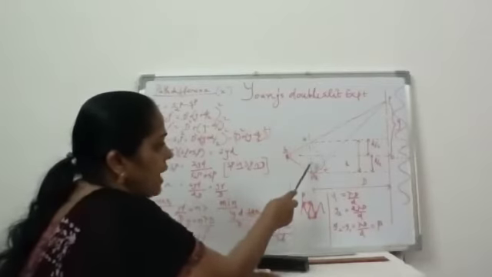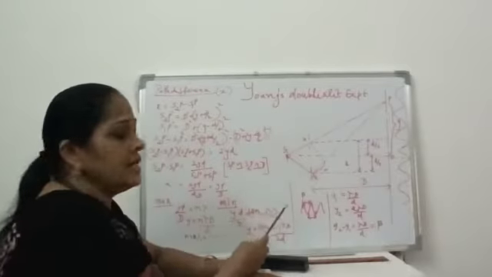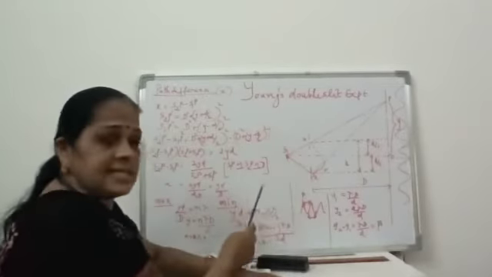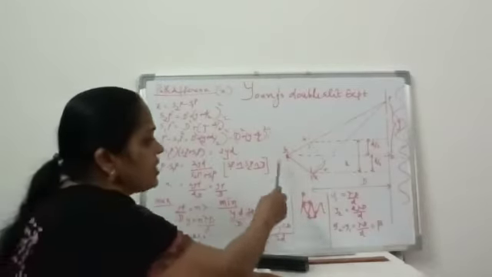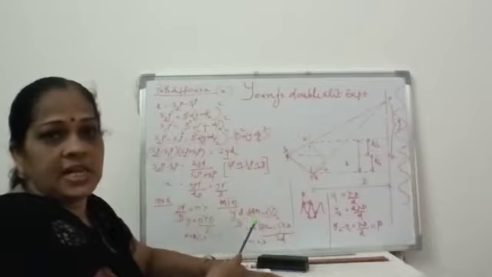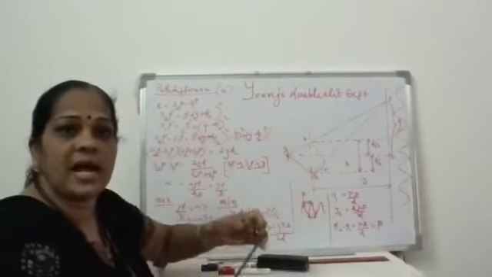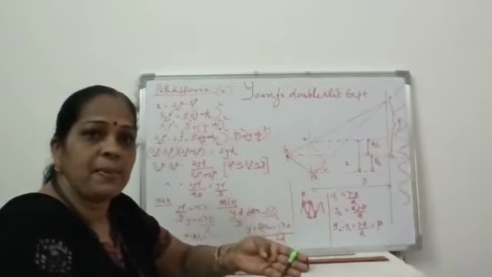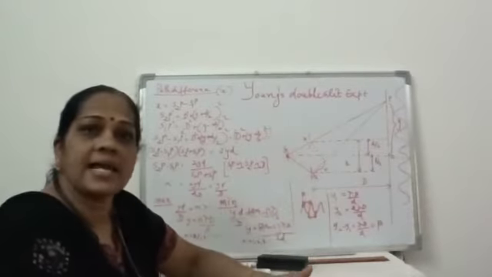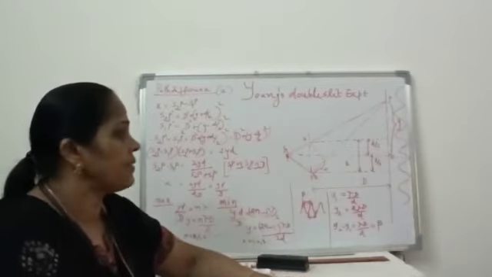S1 and S2 are the two coherent sources derived from S. S is a monochromatic source of light which emits light waves continuously. So the light coming from S1 and S2 will have the same speed, wavelength, frequency, and amplitude, and they can either be in phase or have a constant phase difference.